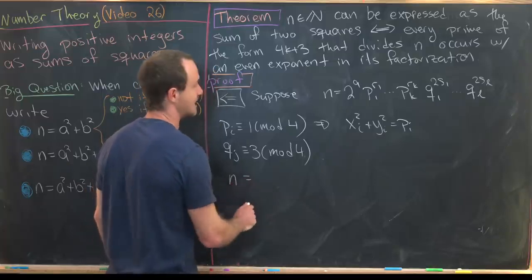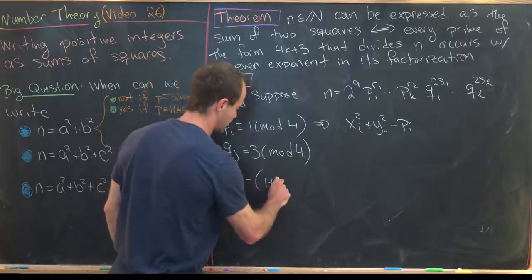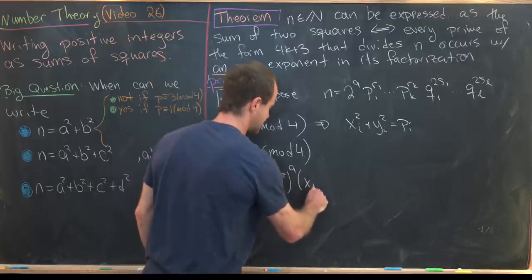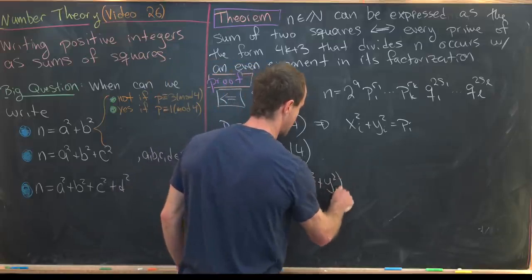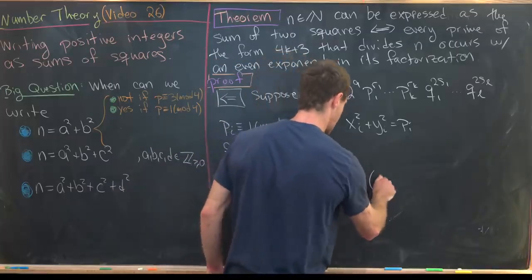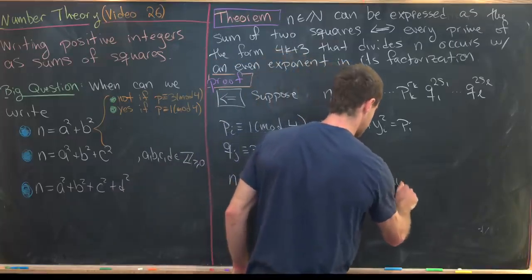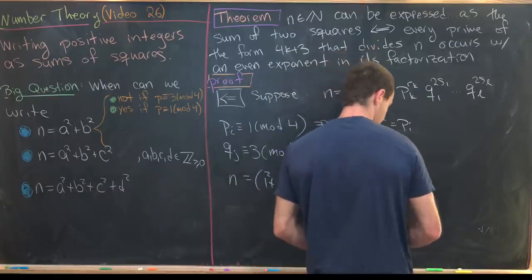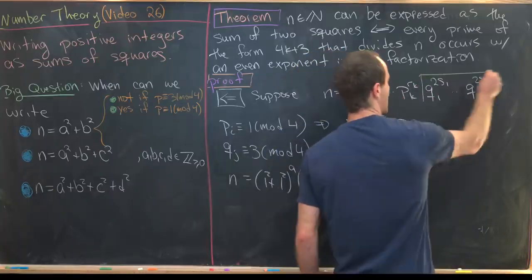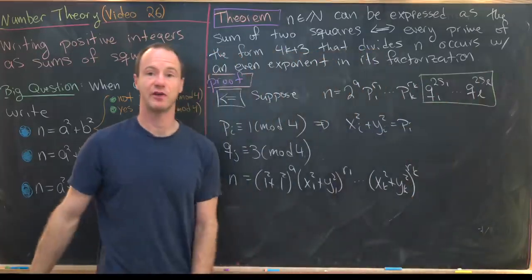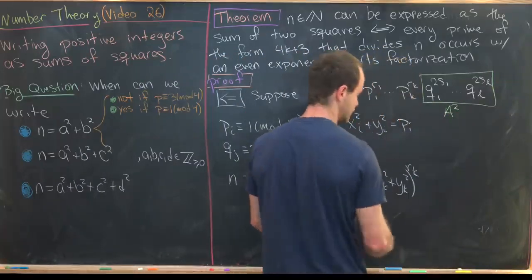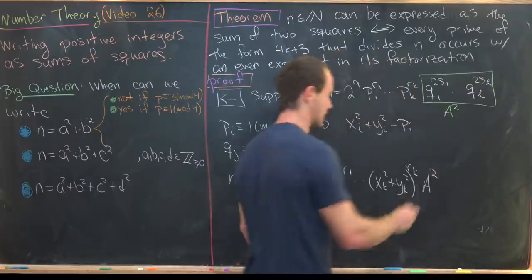So now n is equal to 1 squared plus 1 squared to the a, and then x1 squared plus y1 squared to the r1, all the way up to xk squared plus yk squared to the rk. And as we noted, all of this has an even exponent already, so this itself is a perfect square. We could just call that a squared.